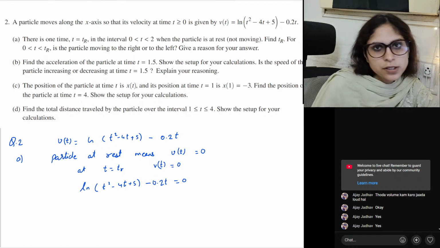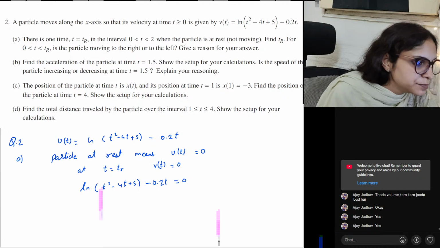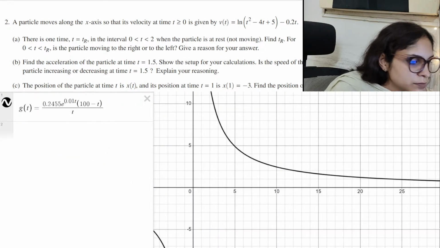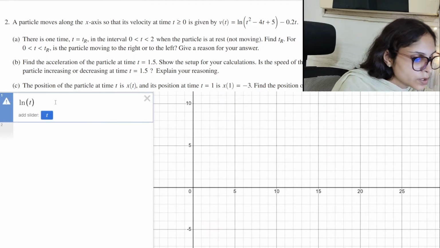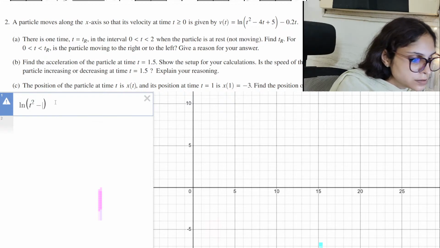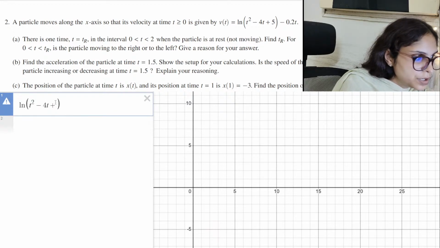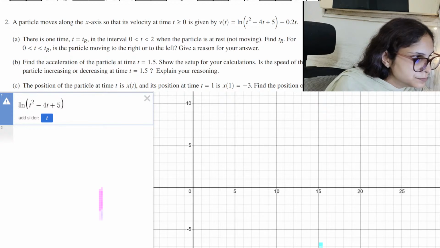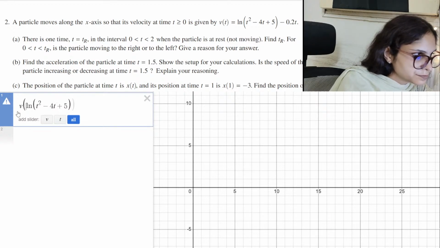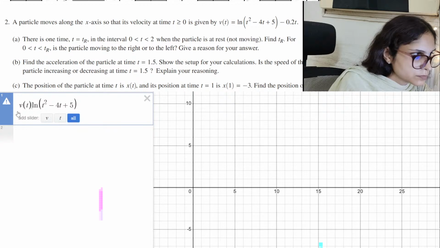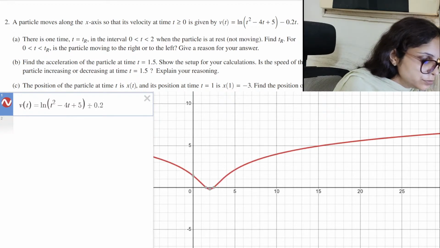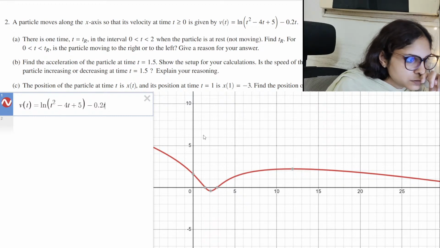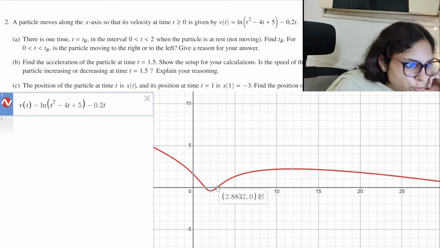For this, we will be using Desmos because a graphing calculator is allowed. t squared minus 4t plus 5, minus 0.2 t, and this is from 0 to 2.